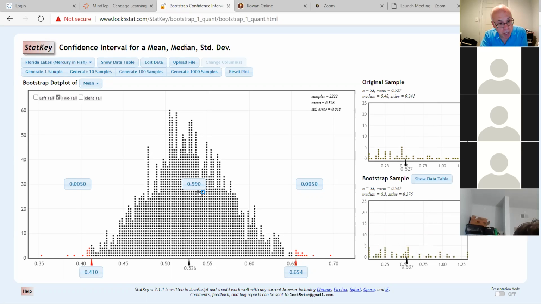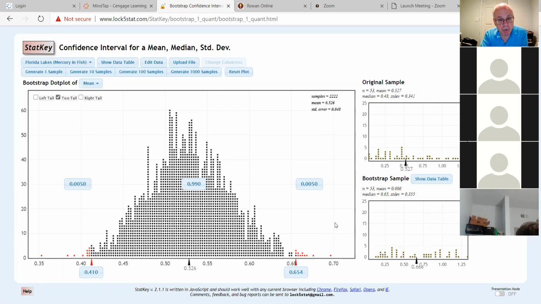So we're 99% confident that the interval that we do have, or the sample that we do have, has an interval that contains the population parameter. Because we don't know what it is. We don't know what the true mean is, but we're 99% confident it's between 0.41 and 0.654.